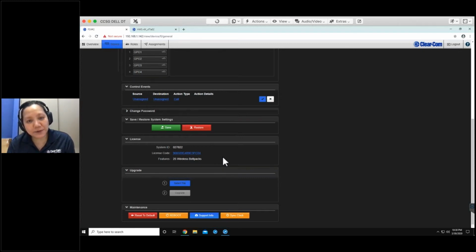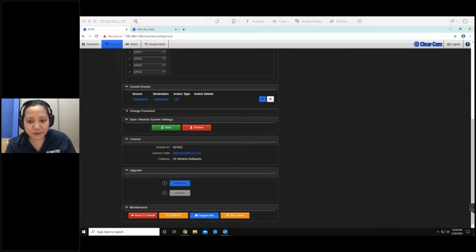And you could buy an upgrade license. So tell Clear-Com your system ID, which is here, and then purchase a license to expand it to 25 belt packs, and then we'll give you a code that you could use. The code is unique to every system ID, so you can't really use it on a different base. Okay.